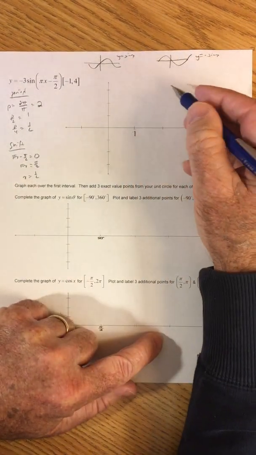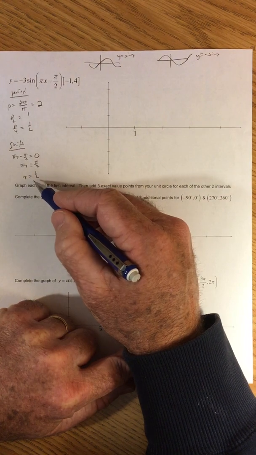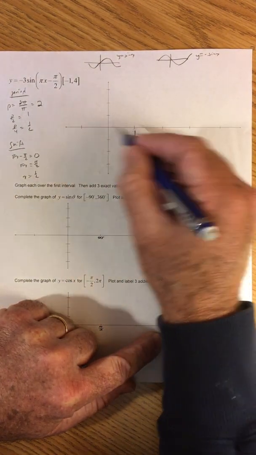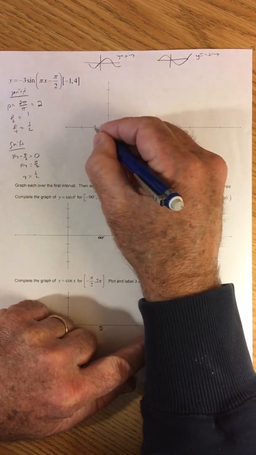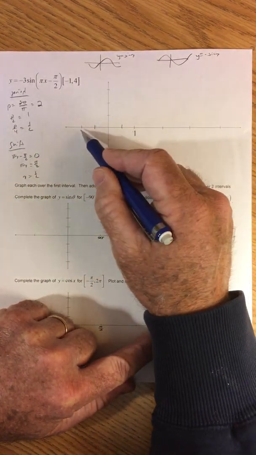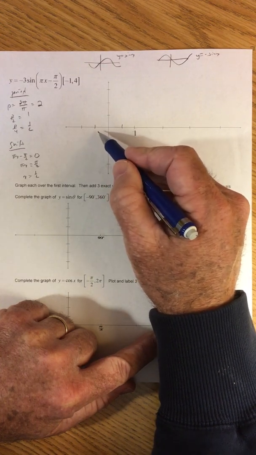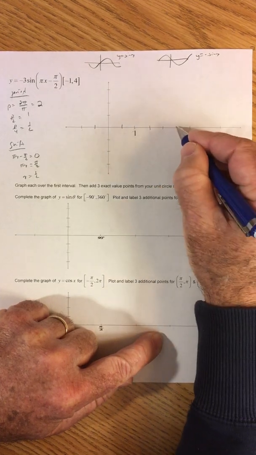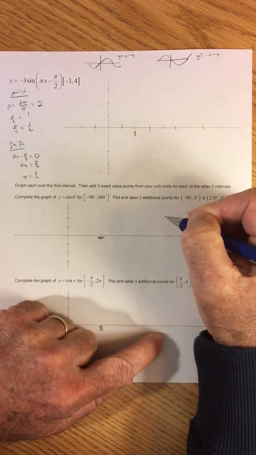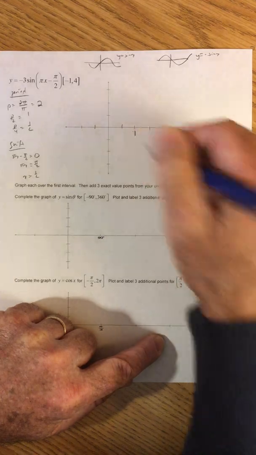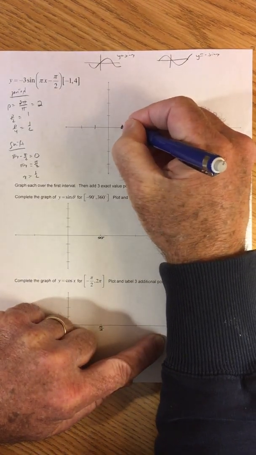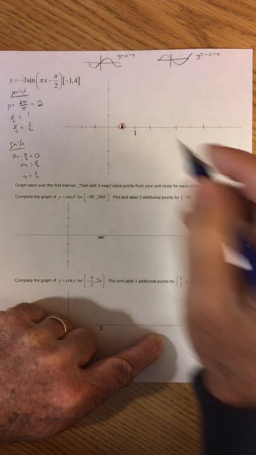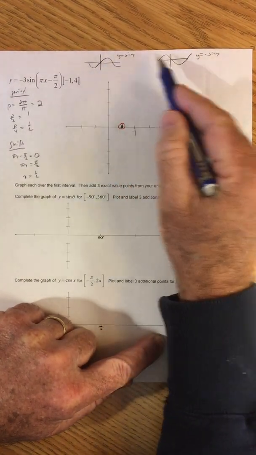So the critical point is going to be shifted 1/2 to the right. All right, now that's 1 I'm giving you. So, and quarter cycles are 1/2, so we need tick marks. Okay, so this is going from negative 1, and we're going to 4, so we need tick marks. And there's 4. All right, critical point is right here. And it's not on the way up like the sine, it's on the way down.